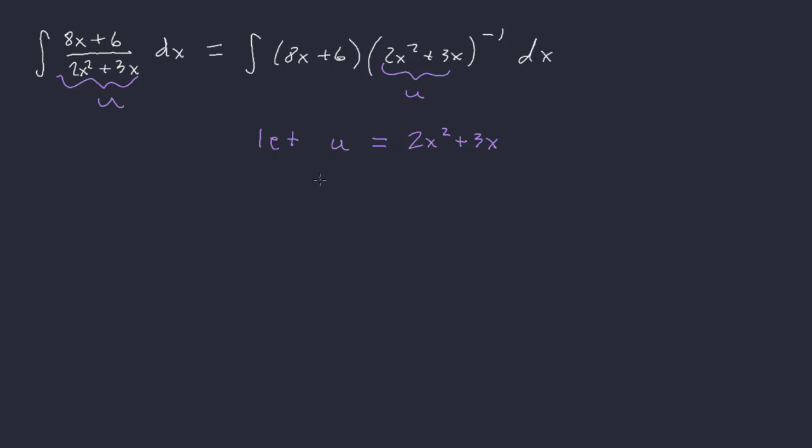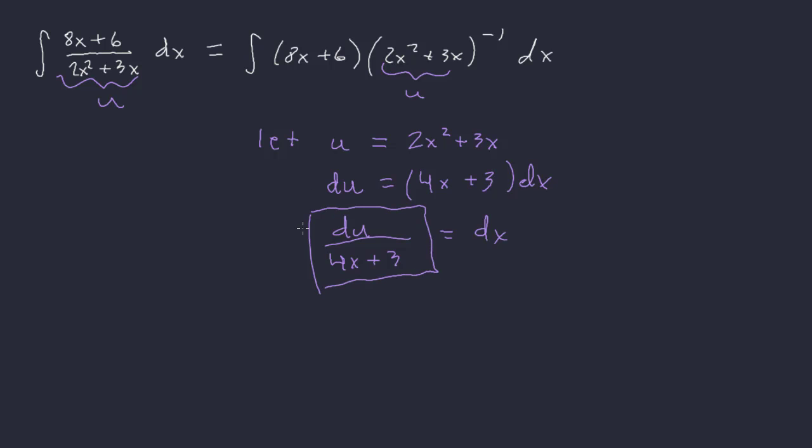All right, so anyway, letting u be 2x squared plus 3x, du is going to be 4x plus 3, and that whole thing times dx. And so I'll just move that whole thing into the denominator. So du over 4x plus 3 is equal to dx, and so this we will replace our dx with.